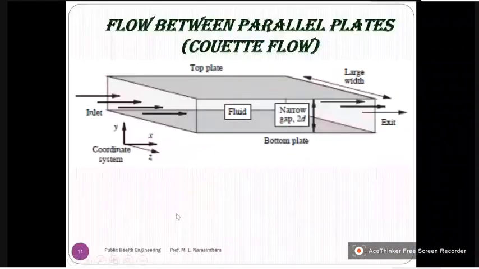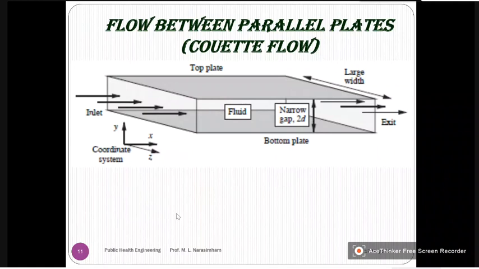Now, this is the actual problem. Now there are two plates. So there is a narrow gap and the fluid is moving. This is the inlet, this is the exit.